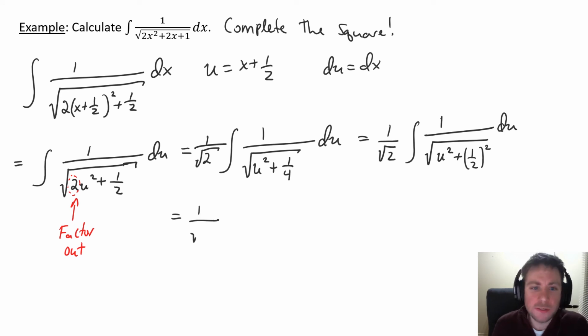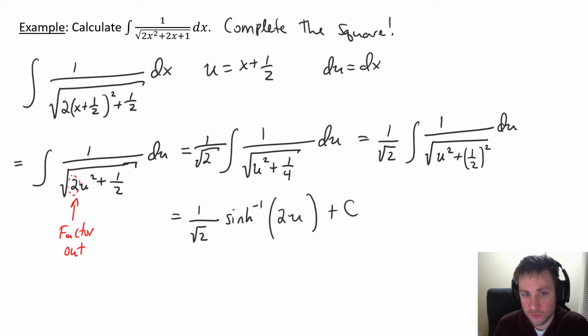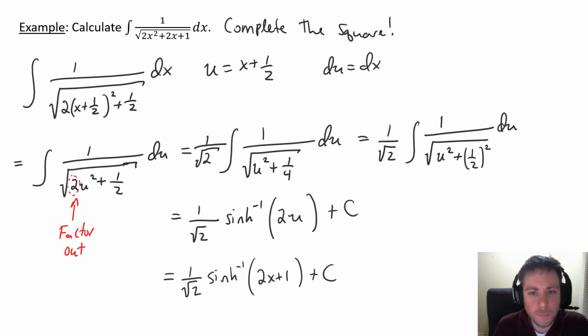Now that we've done this, we can go ahead and apply our arctan formula, and notice that dividing by 1/2 is the same thing as multiplying by 2, which is why I got arctan of u times 2 in this case. As a final step, express this in terms of x and you're done.